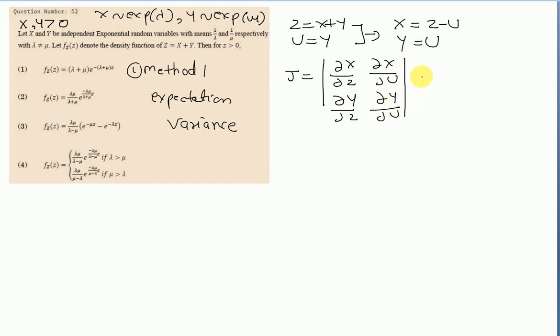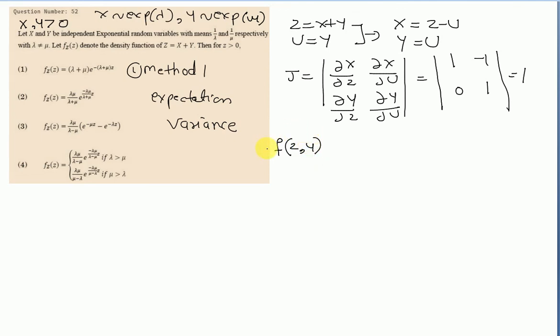Simply. Now partial of X with respect to Z will give us 1, partial of X with respect to U will give us minus 1, and partial of Y with respect to Z will give us 0. And finally this is 1. So the overall value of this Jacobian will be 1. And how can the joint density function of Z and U be written?